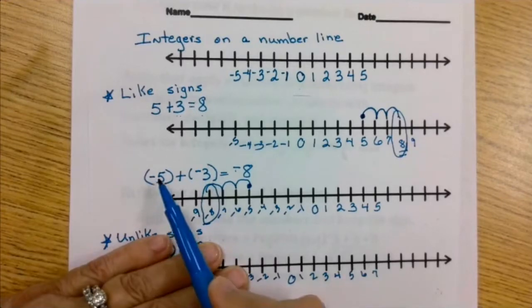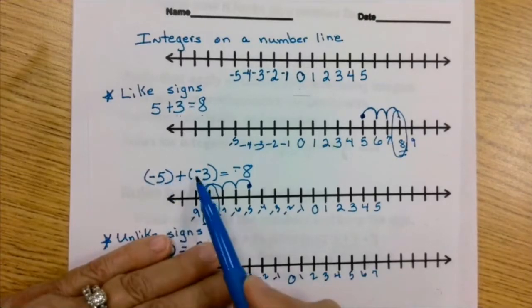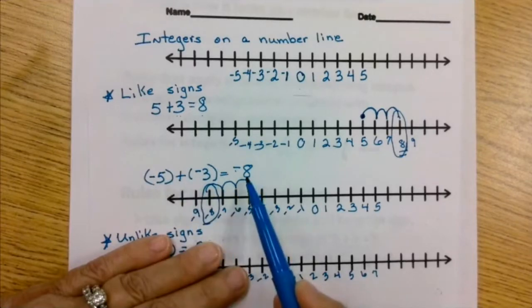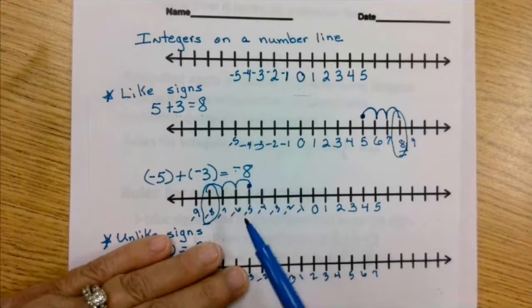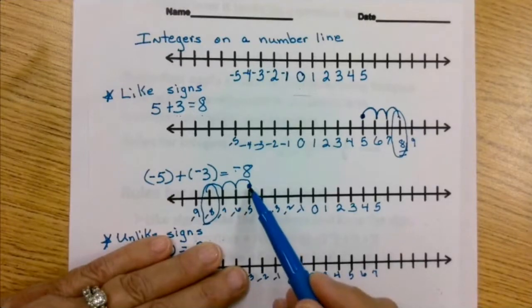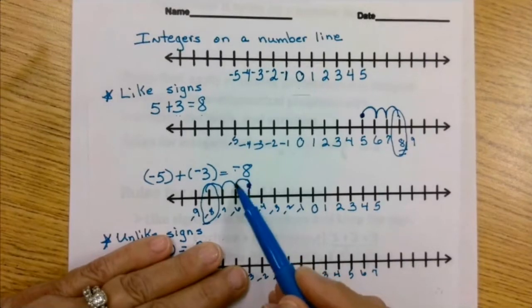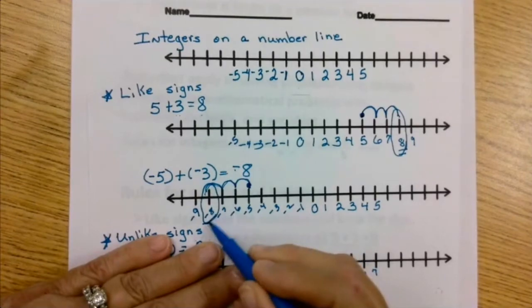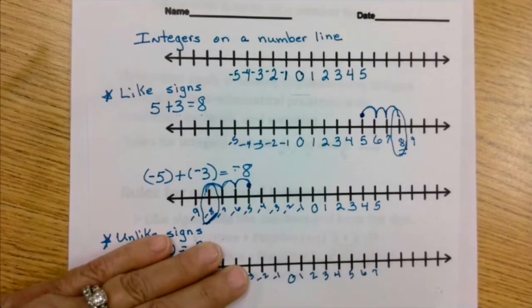So like signs, 2 negatives, add them together, gives me a negative number. This time on my number line, I'm starting at -5. I'm adding to it a -3. Negative numbers go to the left. How many spaces? 1, 2, 3. So my answer is a -8.